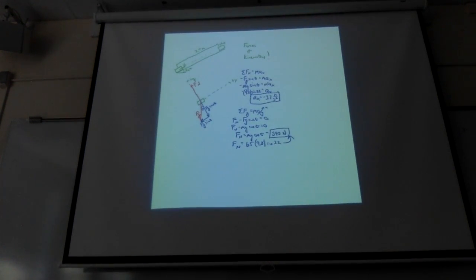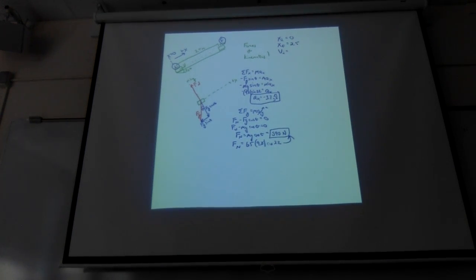Notice, we could say that the starting point is here at the base of the hill and the final point is up at the top. There's 2.5 meters between the two. We could say that this is x equals 0, and why not just let up be the positive direction just like we did for the free body diagram. If we do that, we have our 6 variables: x initial, x final, that's 0 and 2.5.